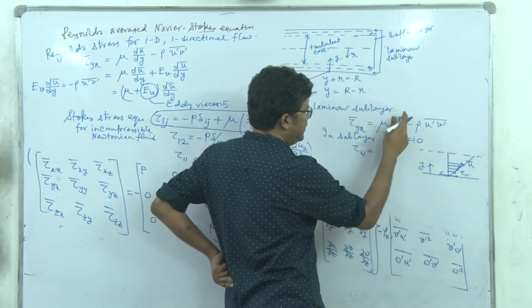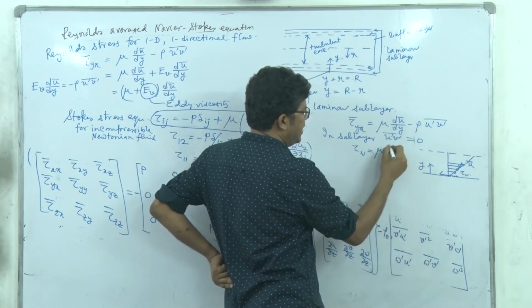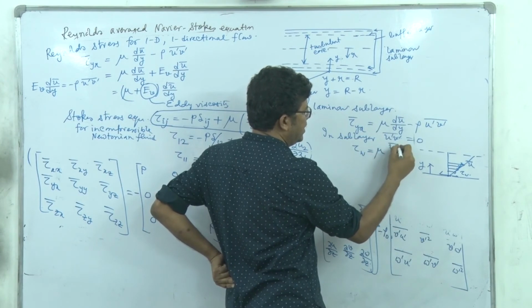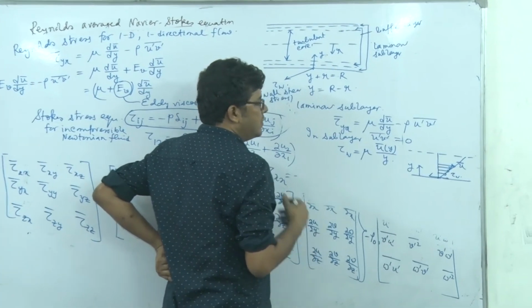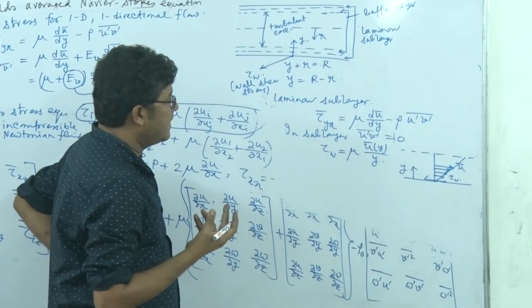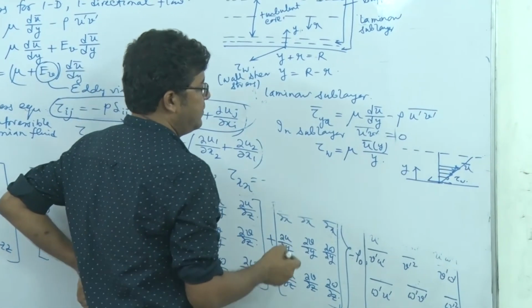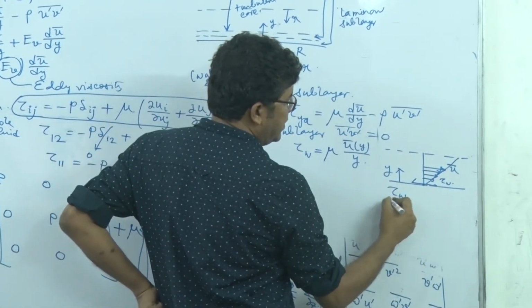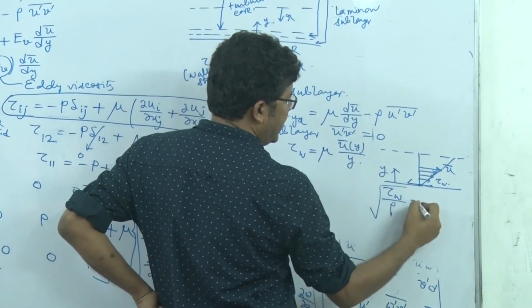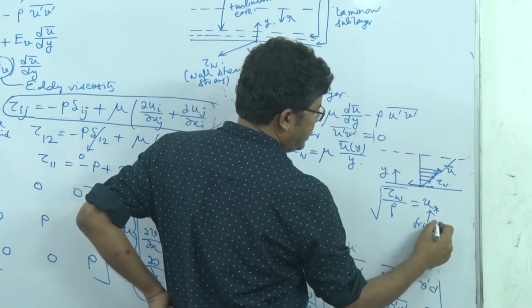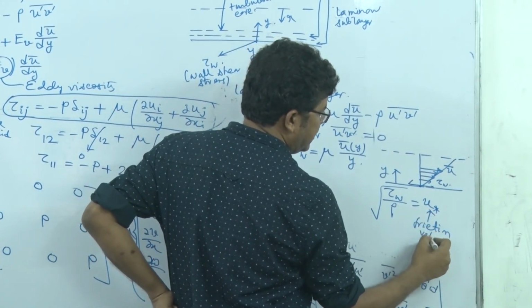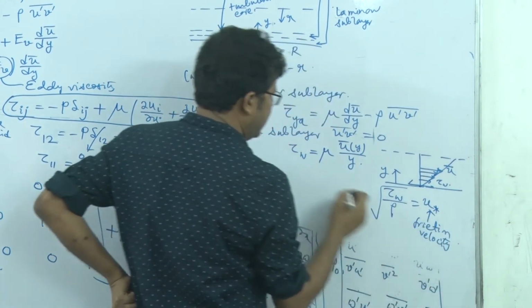So here d u bar dy we can write as u bar divided by y, right? So there is a new representation we are going to use here. Tau w divided by rho, under root of that, we will define as friction velocity, right? This is called friction velocity.